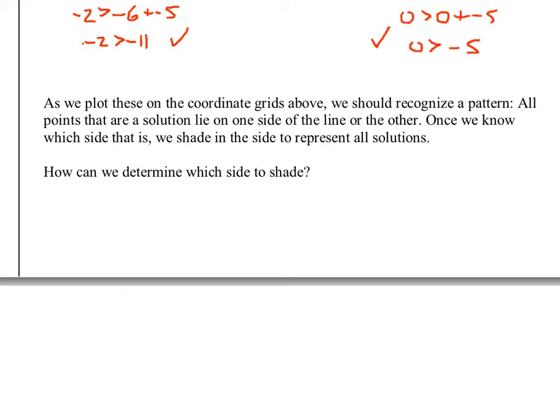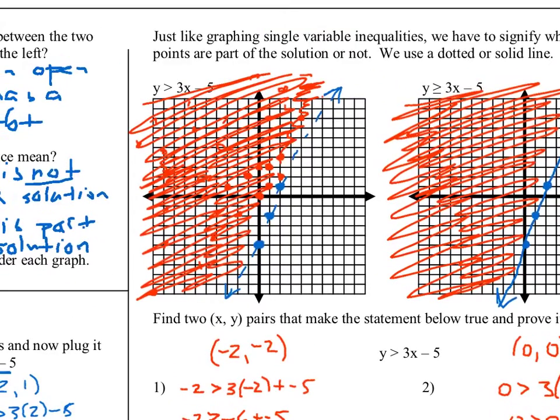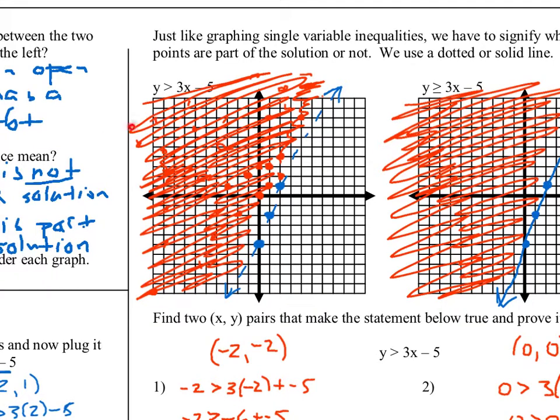If we look back up at our graph over here, there are points that are way, way out here that are part of the solution. They're not close to the line. On the other hand, there are also points that are really close to the line on the right-hand side that are not part of the solution. So closeness to the line didn't really help us decide.